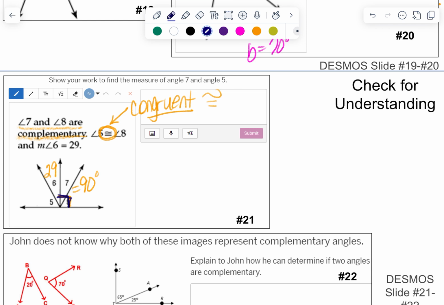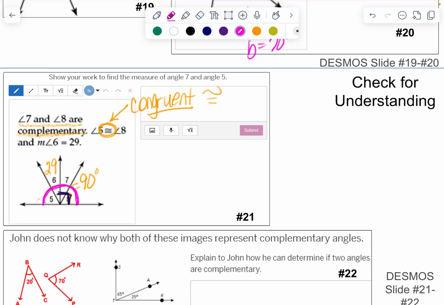If I do this right here real big, watch this. If I do this, that tells me that angle 5 plus angle 6 plus angle 7 plus angle 8 equals 180 degrees.